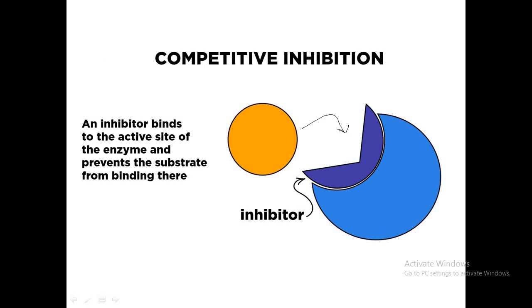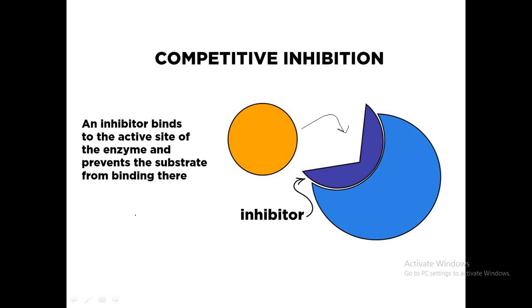So at the end the inhibitor will bind and the enzymatic activity will be lessened. If the amount of inhibitor is lessened and we increase the amount of substrate, then the inhibitor is less likely to bind to the enzyme active site.